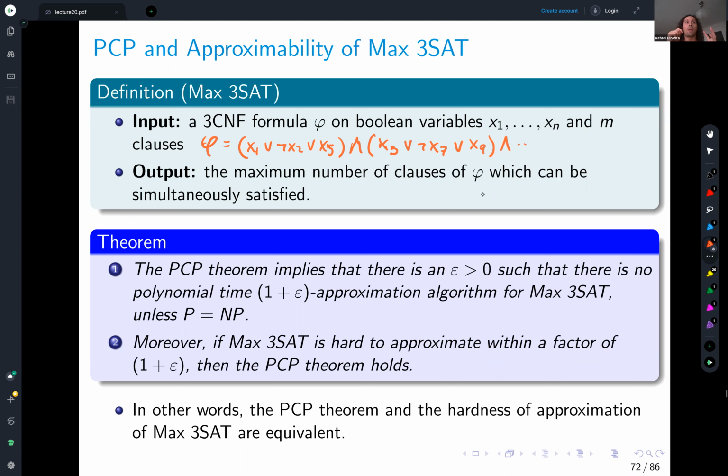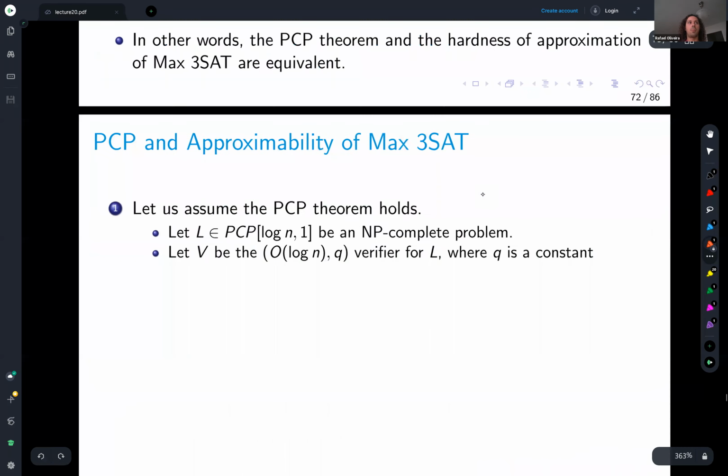So not only does the PCP theorem imply hardness of approximation, it is equivalent to the hardness of approximation of Max 3-SAT. This is also the significant importance of this connection between these proof systems and hardness of approximation, that they're equivalent.